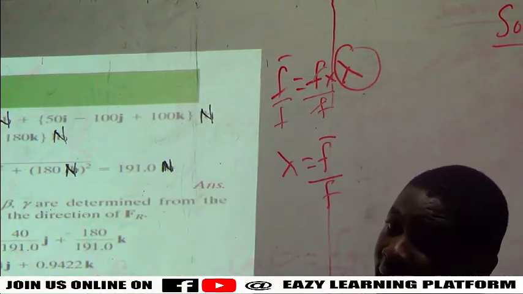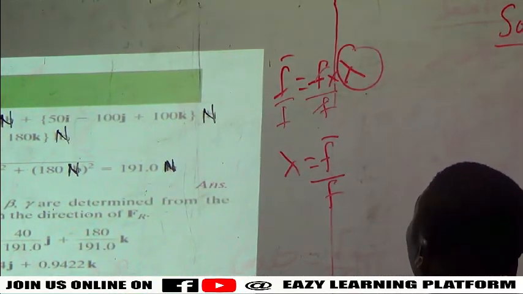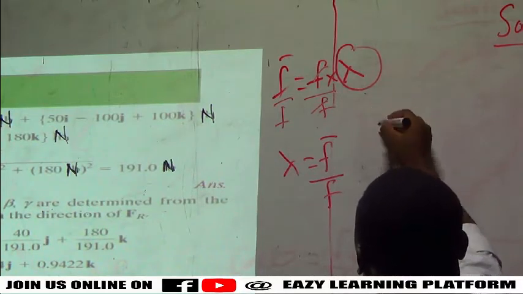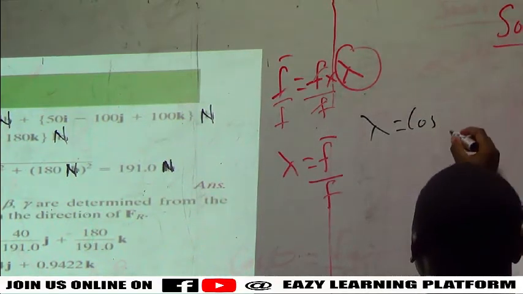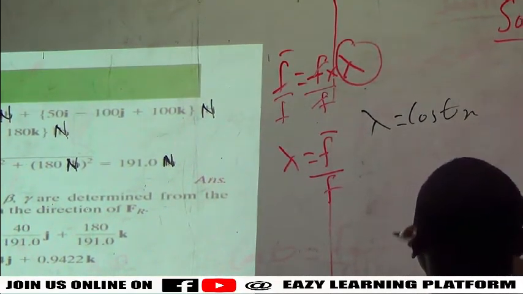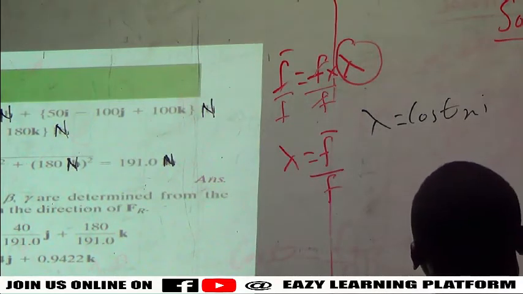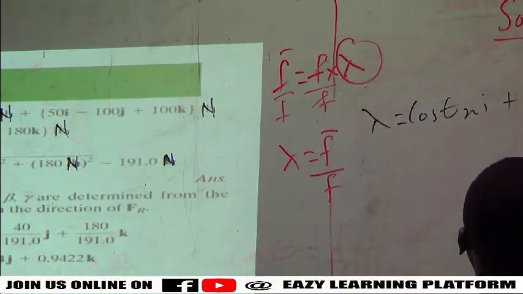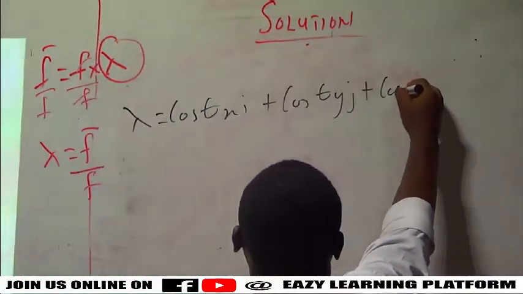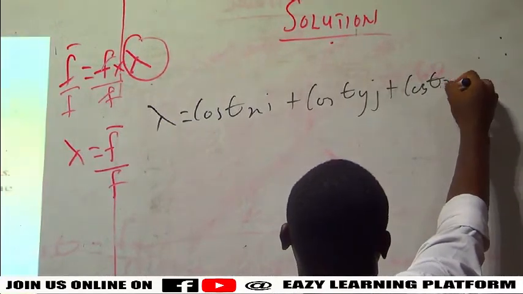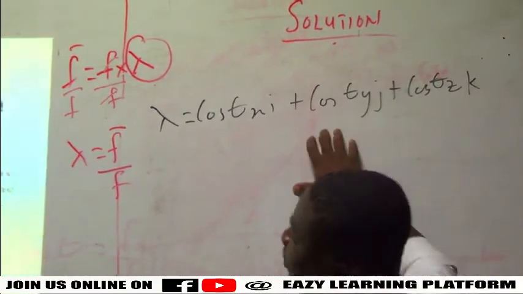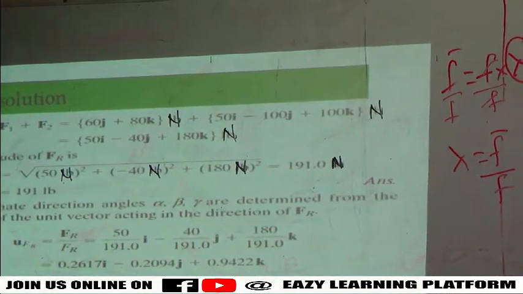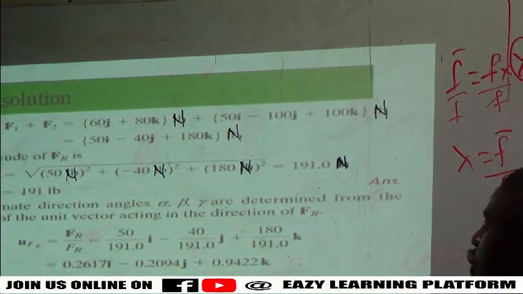And we know that lambda, the unit vector, is equal to cos theta x i plus cos theta y j plus cos theta z k. So we make it FR, the force vector over the magnitude.